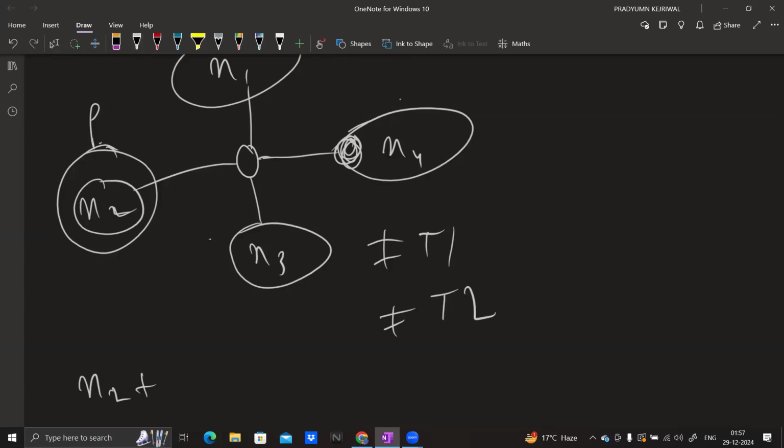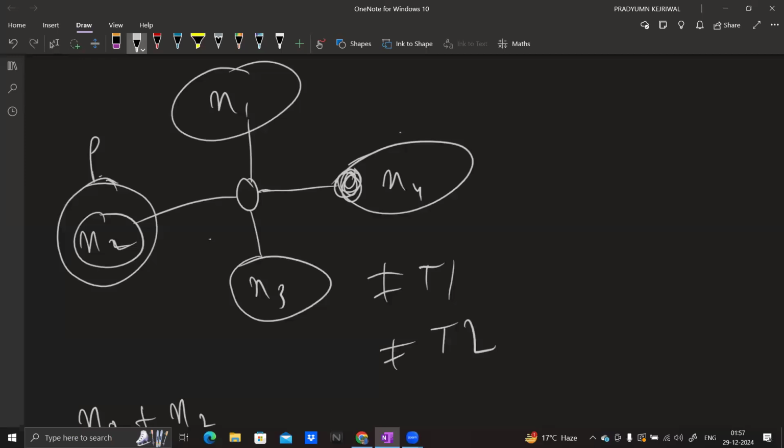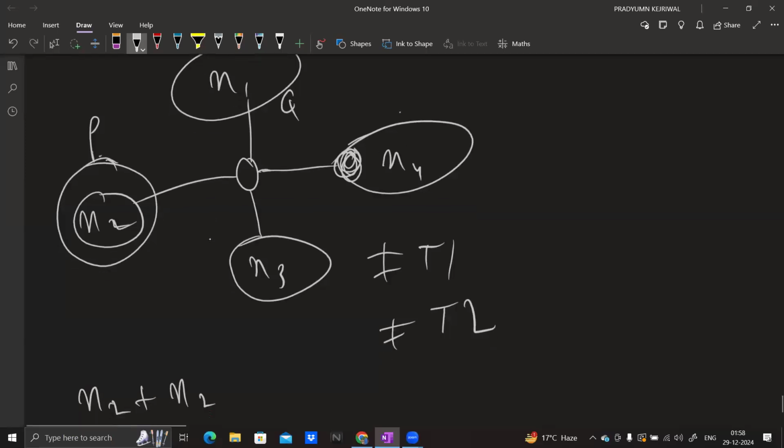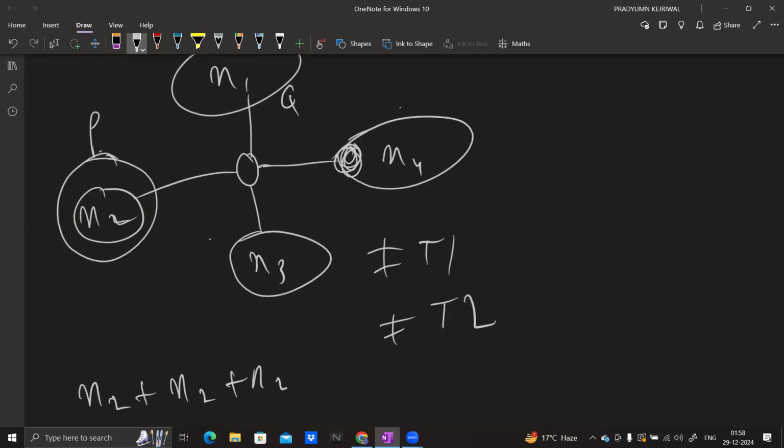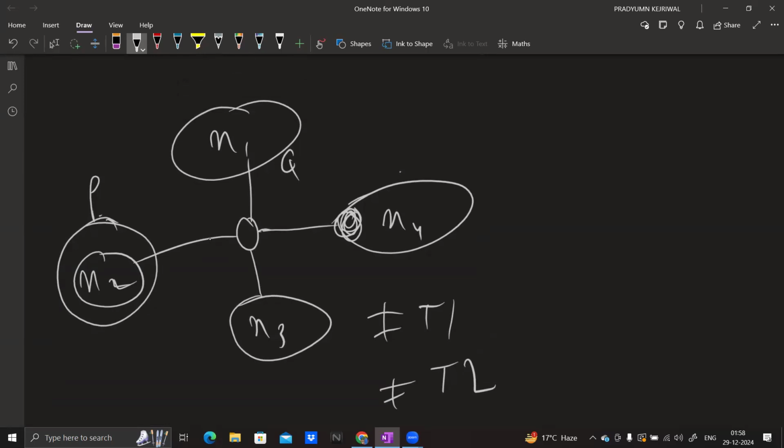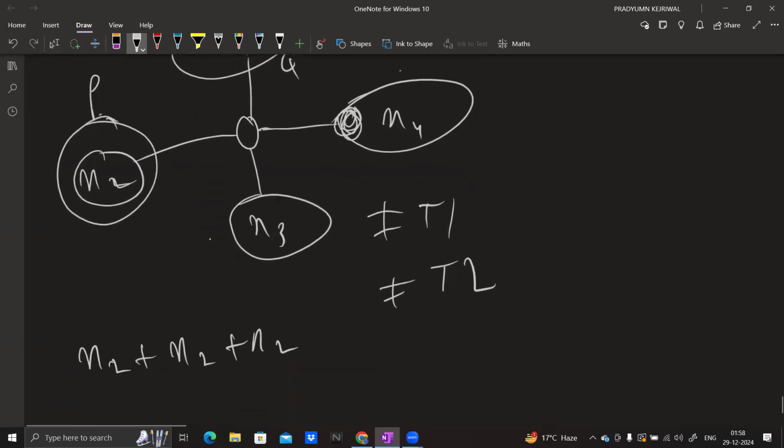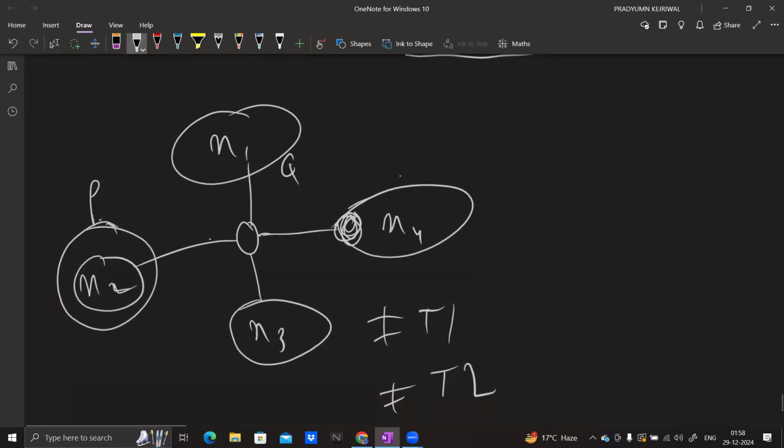Then let's say I choose Q from here. Then also I have N2. If I choose Q from here, then also I have N2. So if P is here, then Q can be either here, here, or here, and in all of these cases it is N2. Then let's say P is here. Then I can choose Q from here, here, or here, and in all those cases the answer would be N1.